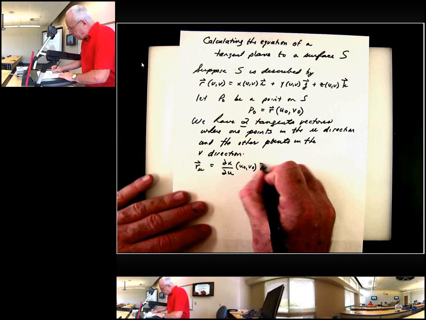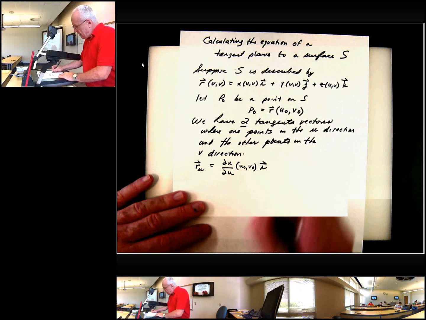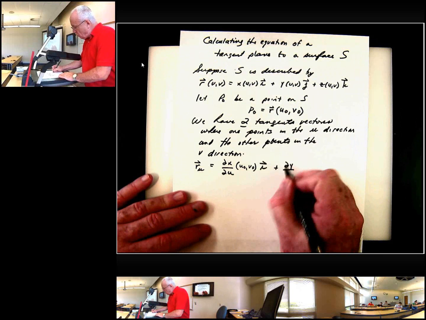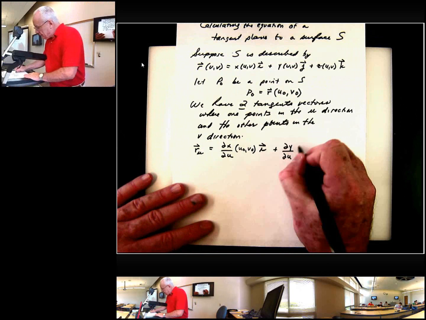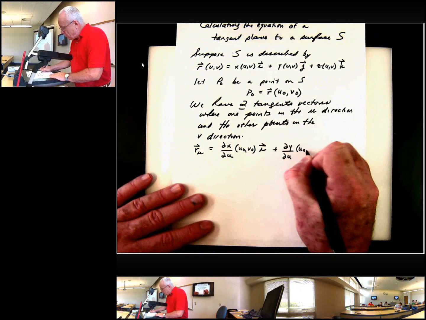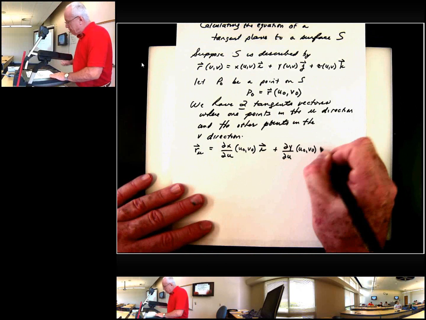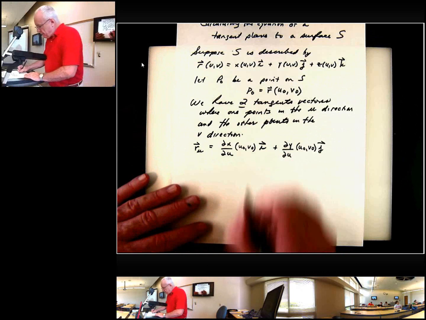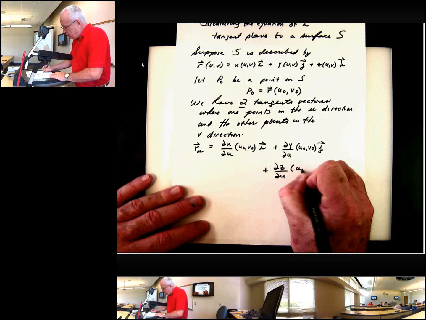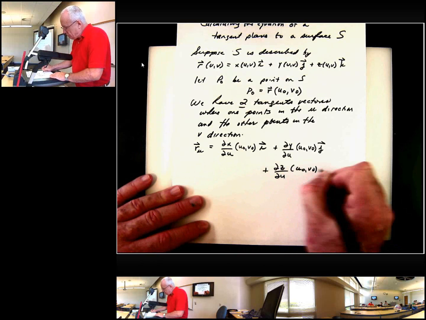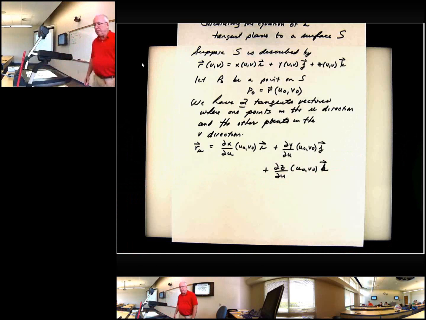That's multiplied times the i vector. And then we do the partial of the y function with respect to u, again evaluated at u naught, v naught, times our j vector. And then finally, the partial of z with respect to u, again at u naught, v naught, times our k vector.